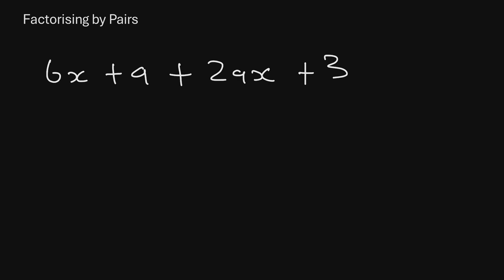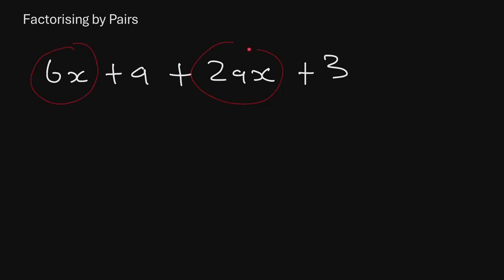Remember, the first thing that we do, we identify which two terms have common factors. But if we look at our first two terms here, they don't have a common factor. So this means I must look for a term that has a common factor with the first term. And then I can see, okay, 2ax has a common factor.